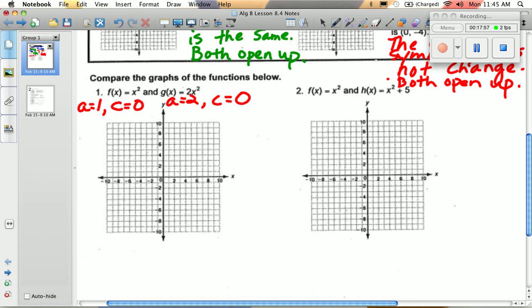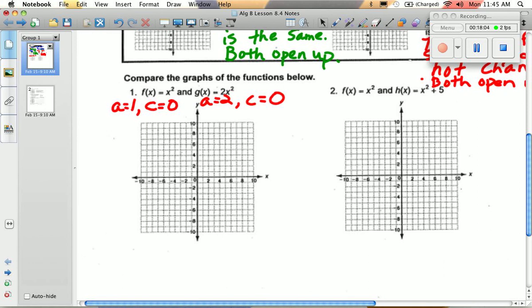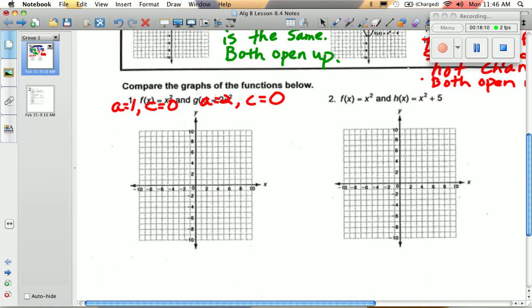Okay, so we should be able to graph these pretty easily. We'll use the old way, remember the old way you said you liked better, the table? So let's do f of x equals x squared. Let's just make a quick table over here for that one. We can do this math in our head.